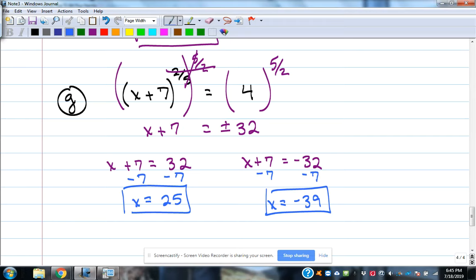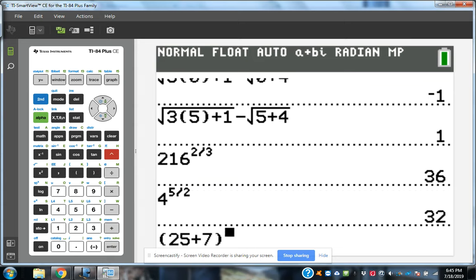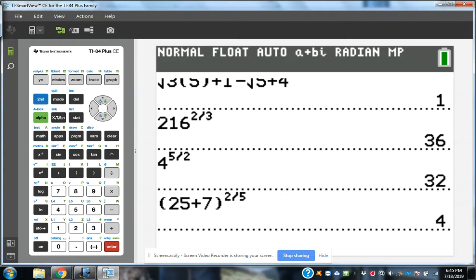And again, I'm going to go back and check those in the original problem to see if they work. So 25 plus 7 raised to the 2/5. And I should be getting 4, and I do.